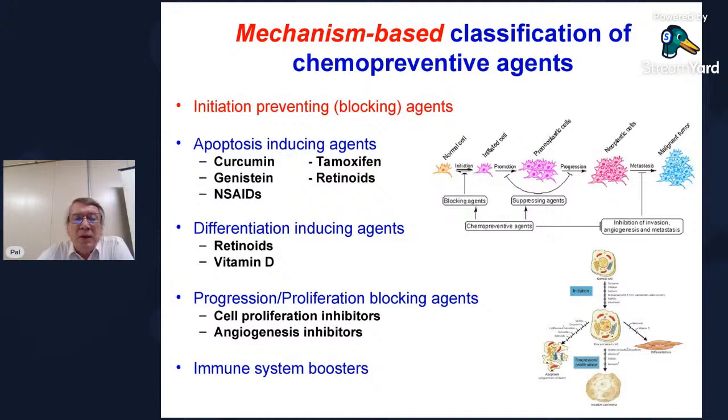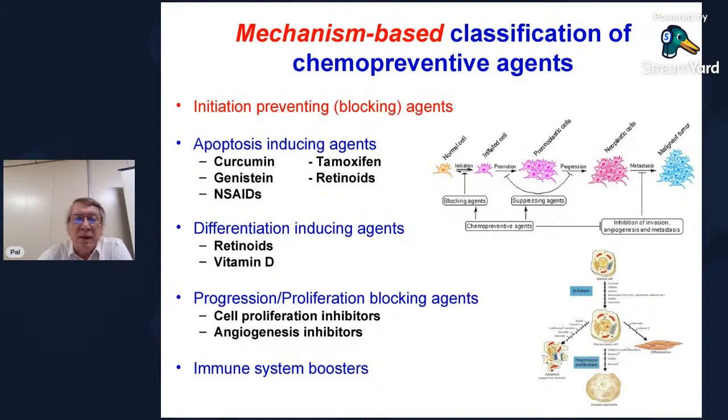When we are talking about classifying the chemopreventive agents, of course, we can take different approaches to classify them. One of them is based on the progress of the carcinogenesis, and based on this, we can distinguish initiation-preventing or blocking agents.